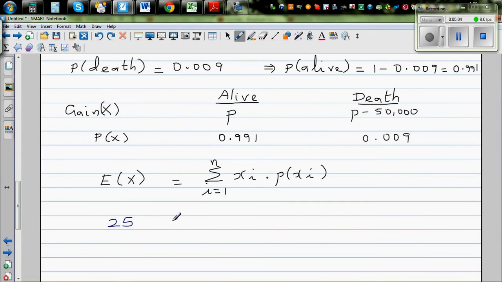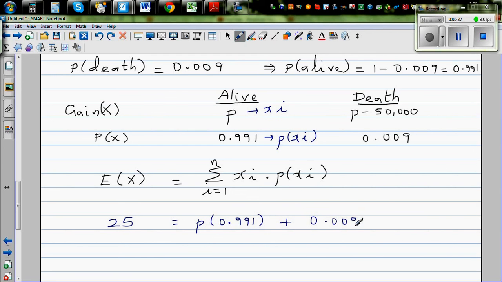So 25 is equal to P times 0.991, where P is your xi and 0.991 is your P of xi. This is your random variable, and this is the probability of that random variable. Plus, because it's sigma, 0.009 times the respective random variable, which is P minus 50,000.